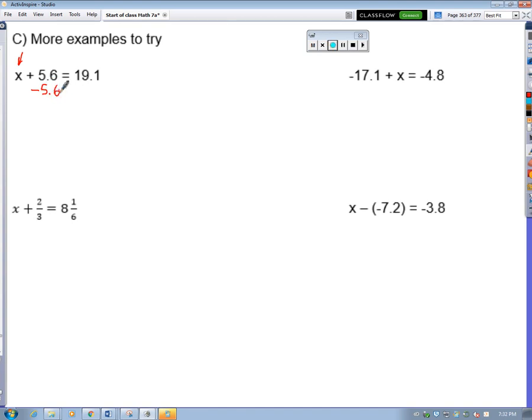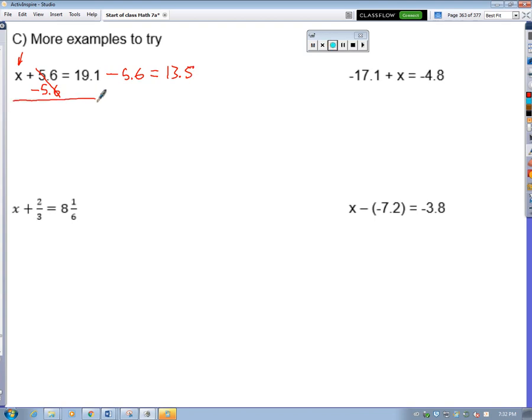Then I have to do the rule of cow, so over here on this other side of the equation, I need to go minus 5.6. Okay, this is going to cancel that off because we're doing the opposite of it. It's going to disappear. And when we take away 5.6 on this side of the equation, 19.1 minus 5.6 gets us 13.5. Okay, I'm going to clean this up a little bit.